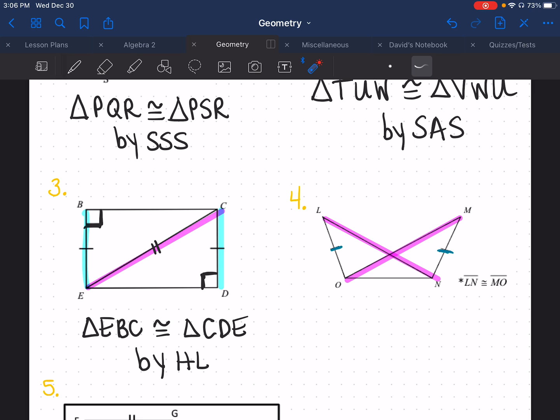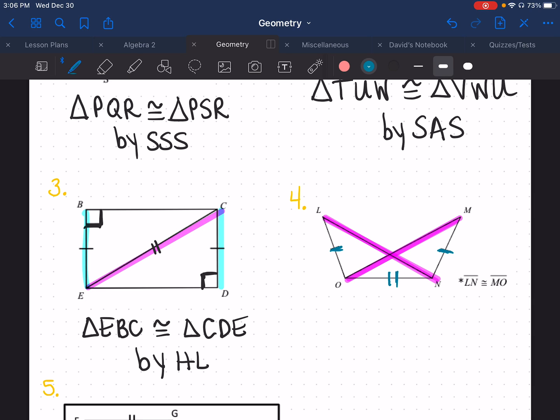Oh, wait a minute. I just noticed something. Look right here. That side is in both of those triangles. That side is equal to itself. I have one pair, two pair, and then of course I have three pairs of congruent sides.